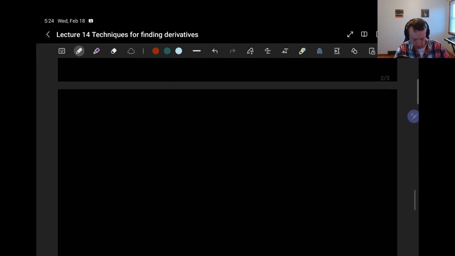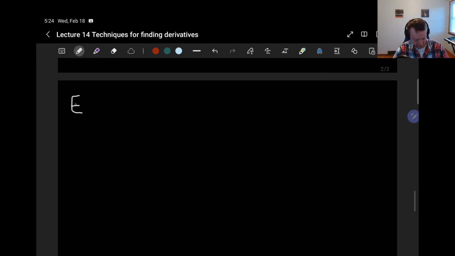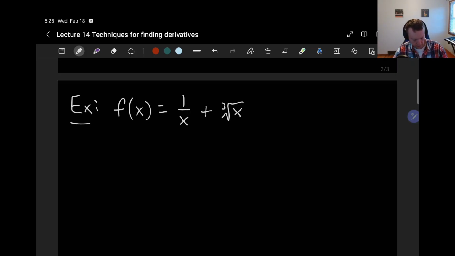Now here's something a little new. Say f of x is 1 over x plus the cube root of x.